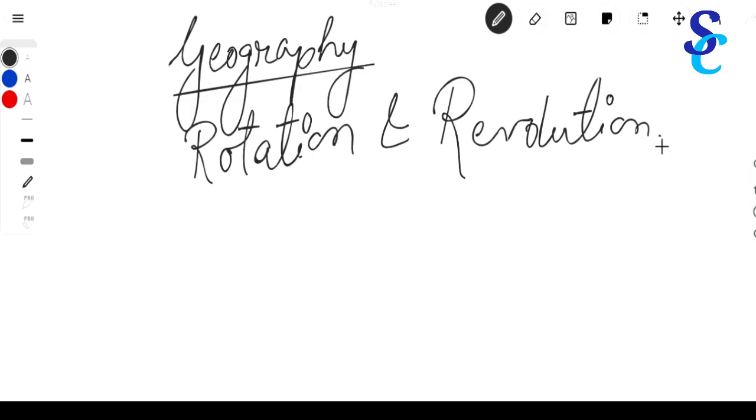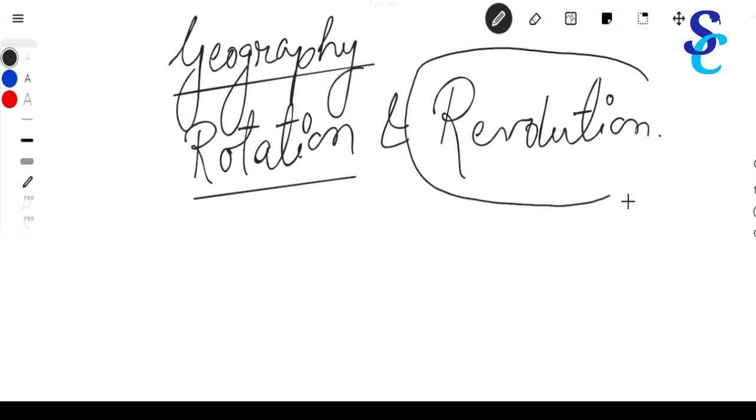Now, as we have already discussed the effect of rotation on the earth, our present concentration in this chapter will be on the revolution of the earth.